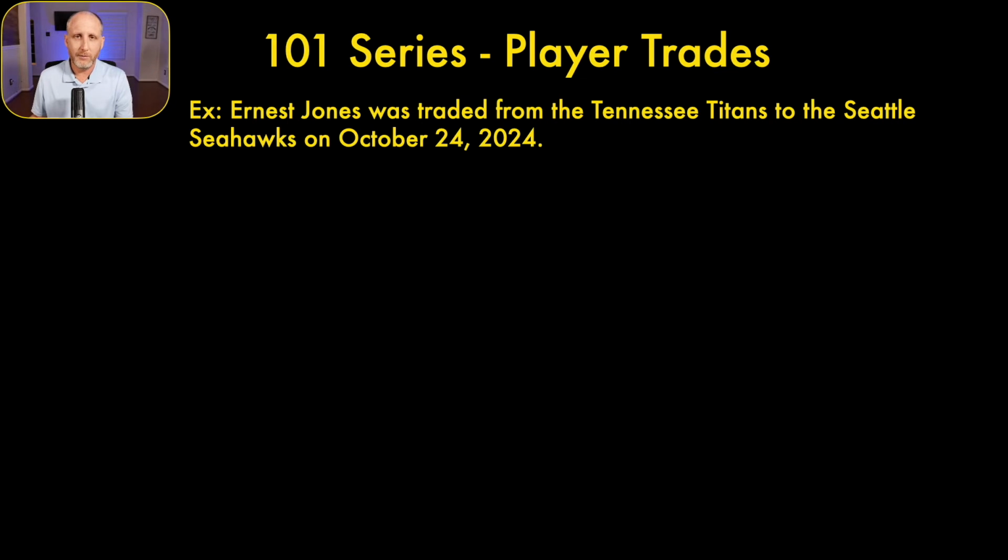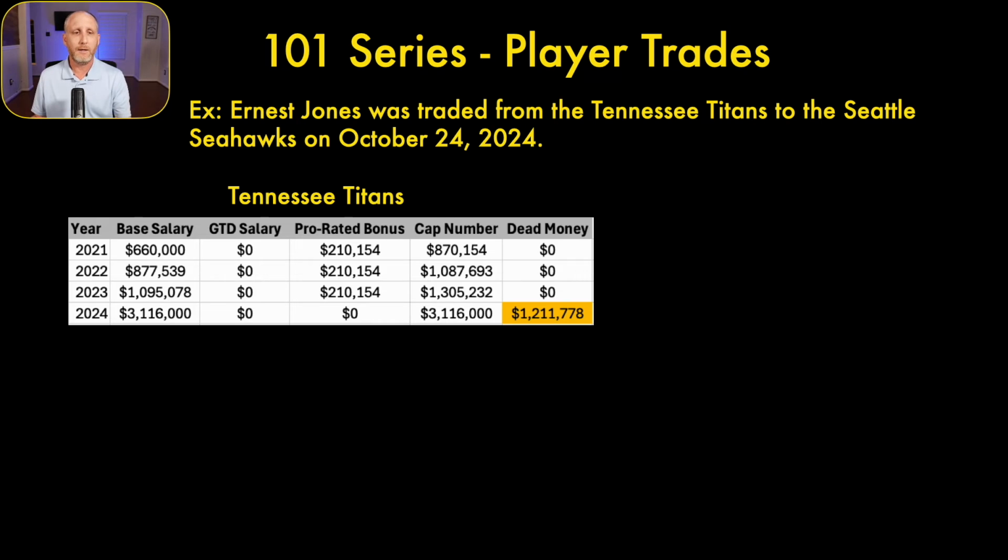Ernest Jones, linebacker, was traded from the Tennessee Titans to the Seattle Seahawks on October 24th, 2024. Now this one's going to take a little bit more calculation because this occurred during the season. Here we see the Tennessee Titans contract.